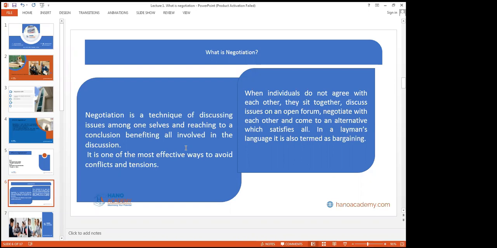So whenever individuals do not agree with each other, they sit together, discuss issues on an open forum, negotiate with each other, and they come to an alternative which satisfies all. So whenever you disagree with each other, people normally sit together.